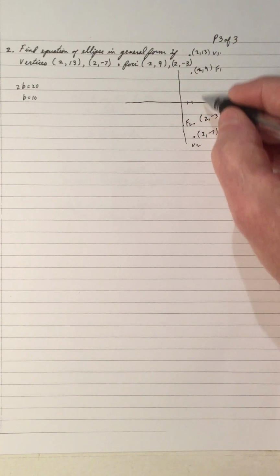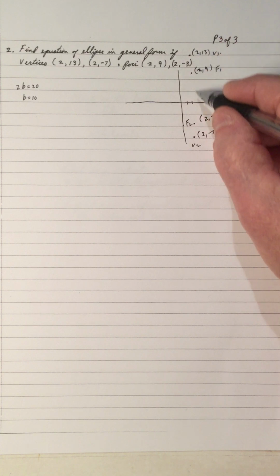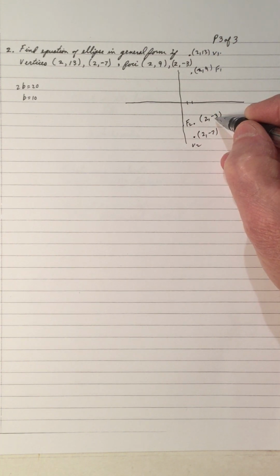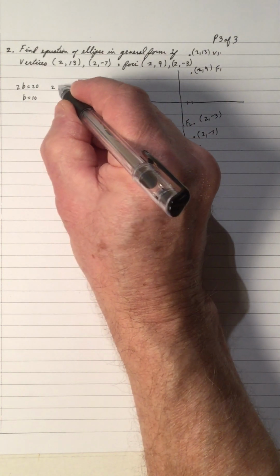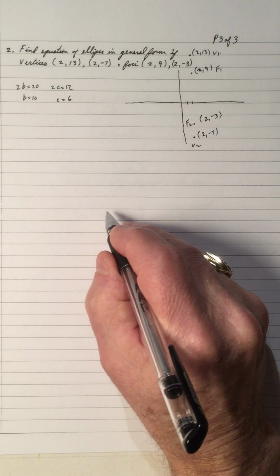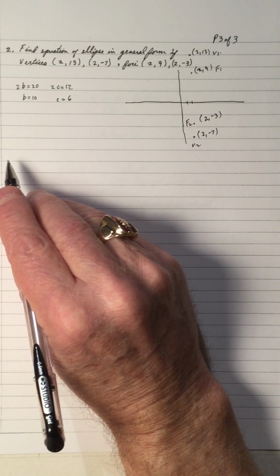And we have the foci on this major axis of the ellipse, so from 9 to -3, that's 12, so 2c is 12, so c is 6. So we got b and c. Now we need to get the a.